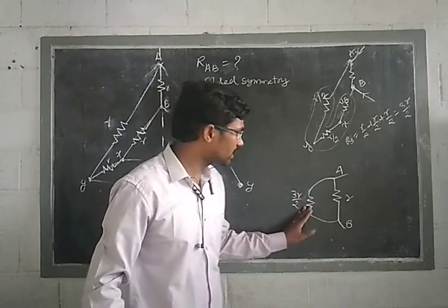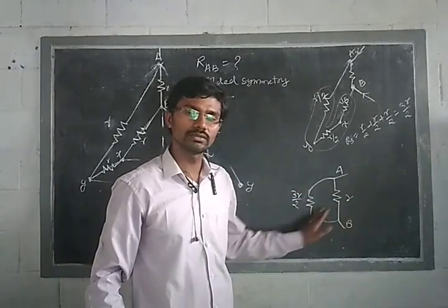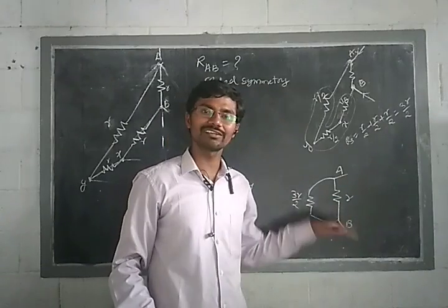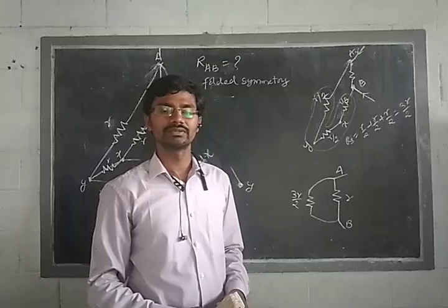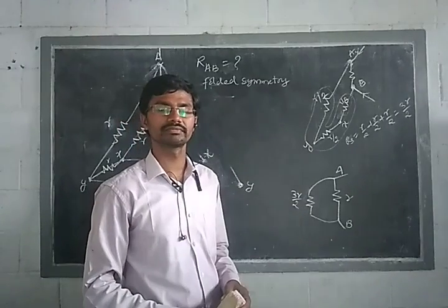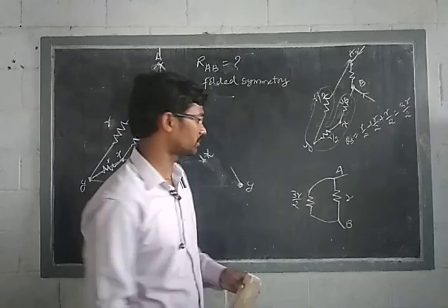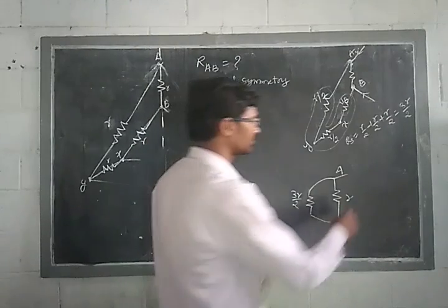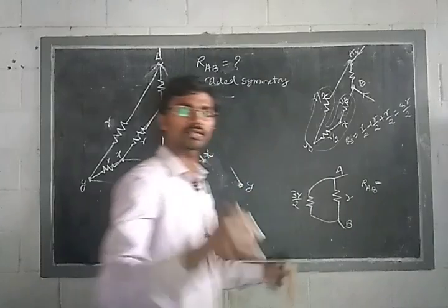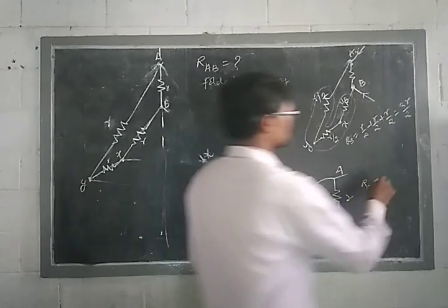Now 3R by 2 and R, these two resistors are in which combination? Parallel combination. Then what is the equivalent resistance between A and B? In parallel combination, it is R1 R2 by R1 plus R2.